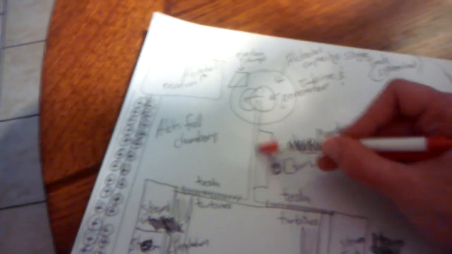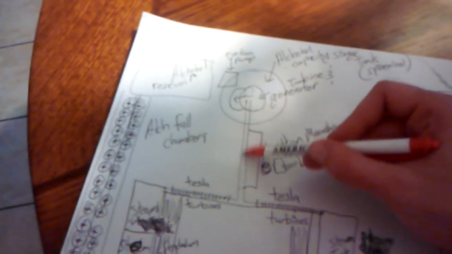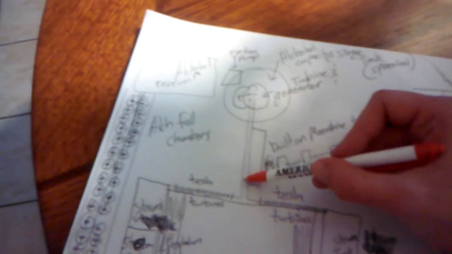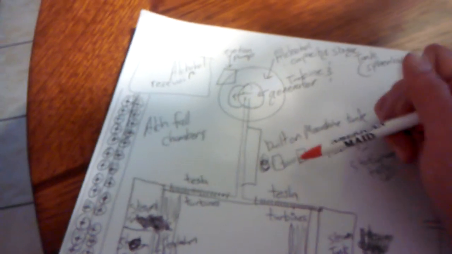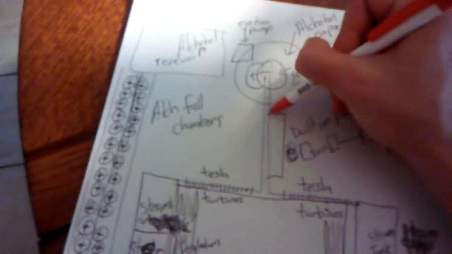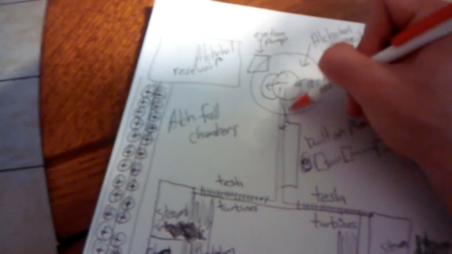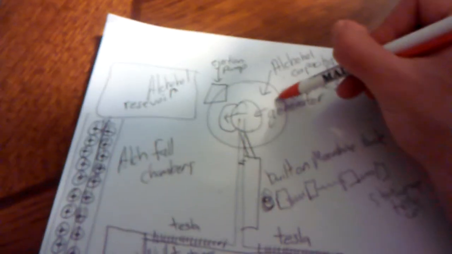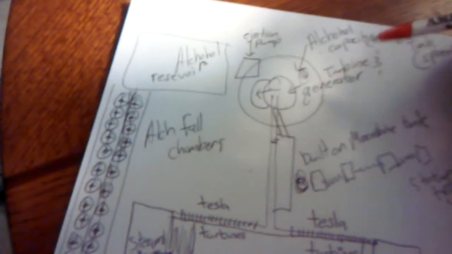The T-end, third end piston rod pipe will have rushing fluid, so that will be your running water, and you have your built-on moonshine tank. And so after the rushing water gets through, the moonshine tank will deliver the alcohol to the alcohol chamber, the alcohol capacity storage tank, which is this area right here.